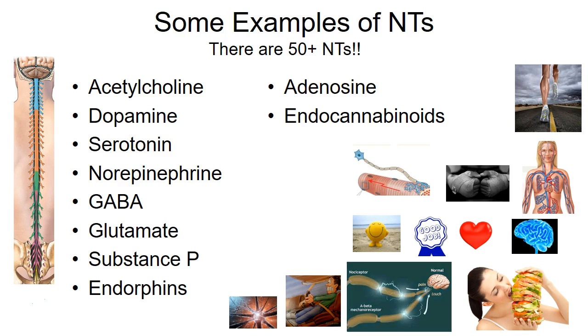On the opposite side, we have a class of molecules called endorphins, which inhibit substance P signaling. So they inhibit pain sensation, the propagation of that signaling to our brain. We call it analgesia. So, analgesic.